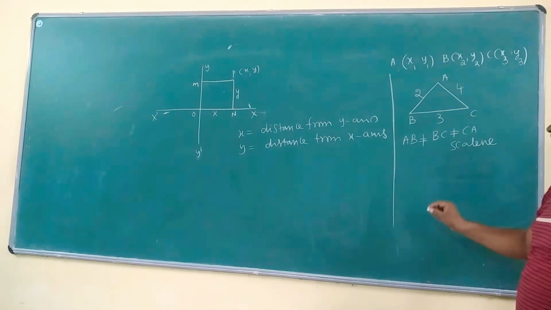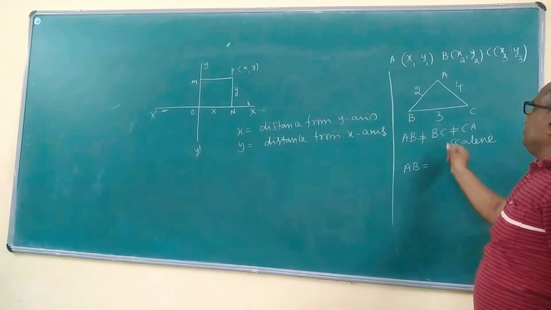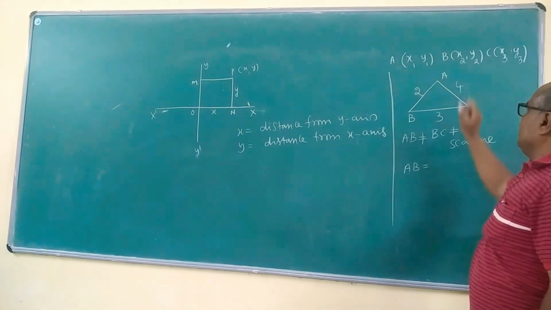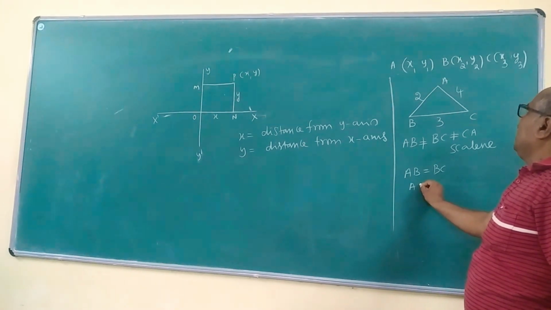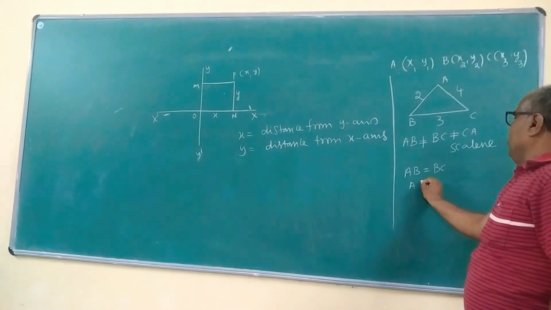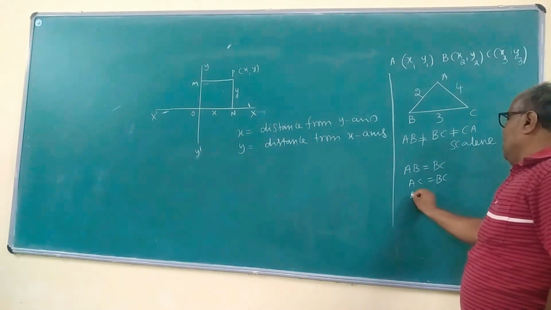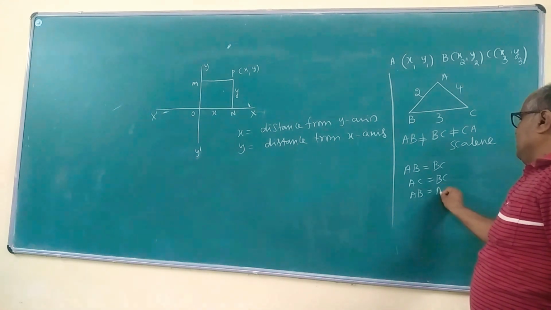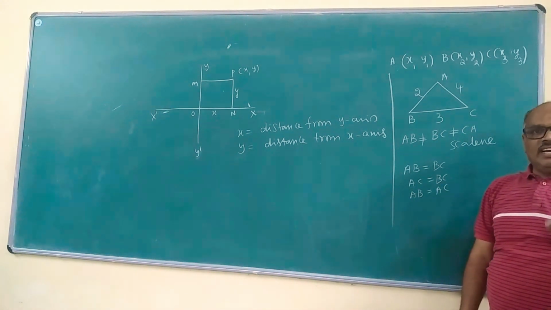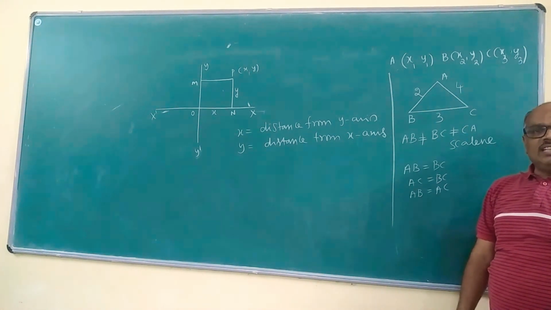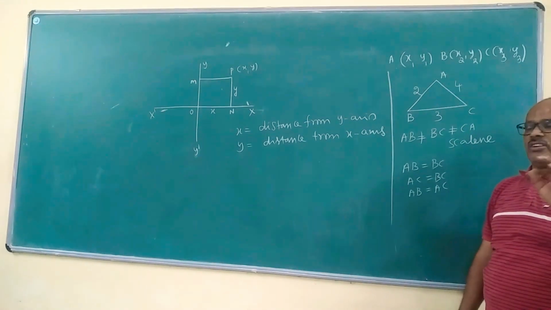If any two of the sides are equal, AB is equal to BC, or AC is equal to BC, or AB is equal to AC, then the given points are the vertices of an isosceles triangle.